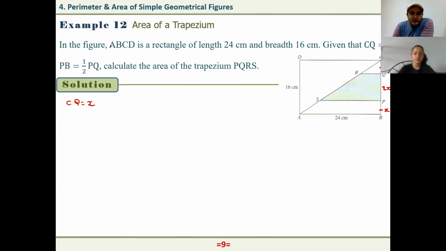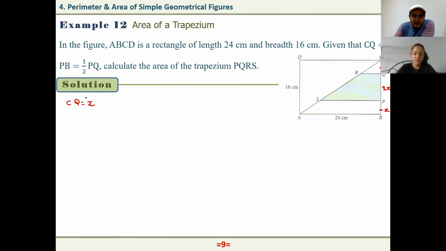So in the figure, ABCD is a rectangle of length 24. This is 16. And also it says that given that CQ equals PB equals 1 over 2 PQ. In chapter 1, actually we learn how to denote unknown using some variable. Variable means a letter. I don't know what is the length of CQ.